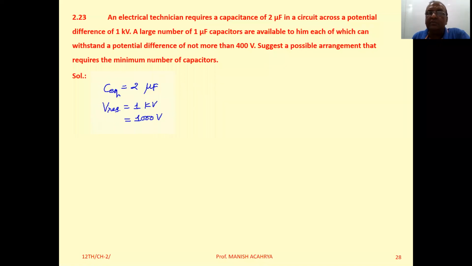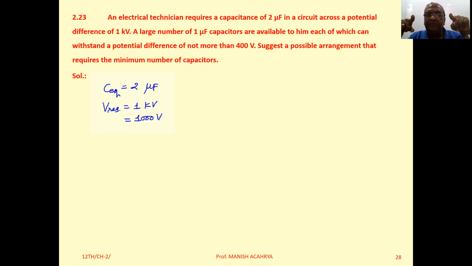Now here it is given to you, each capacitor can withstand a potential difference of not more than 400 volt. So first, easily you can understand this thing.